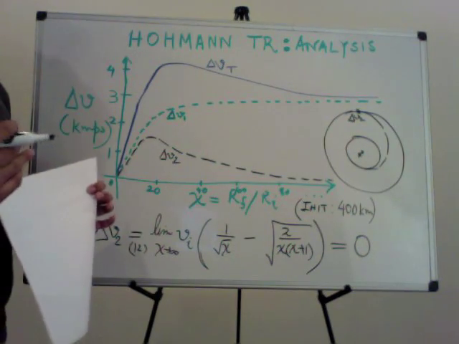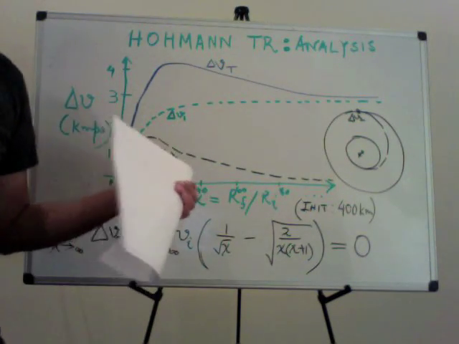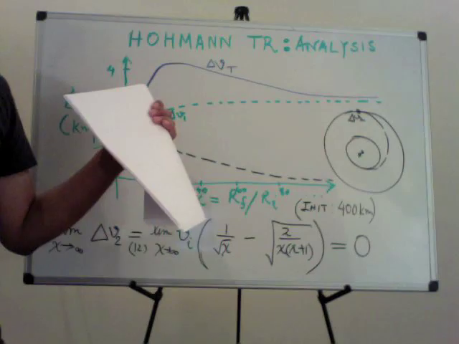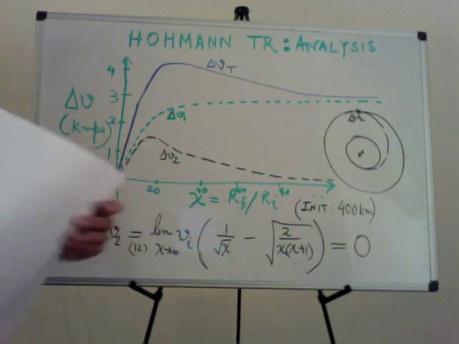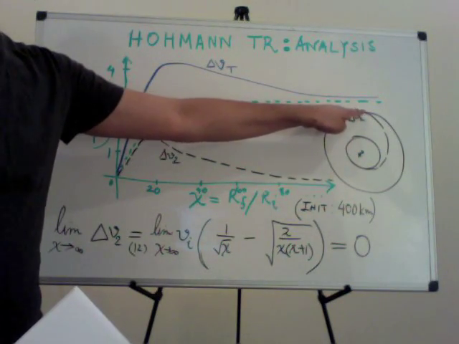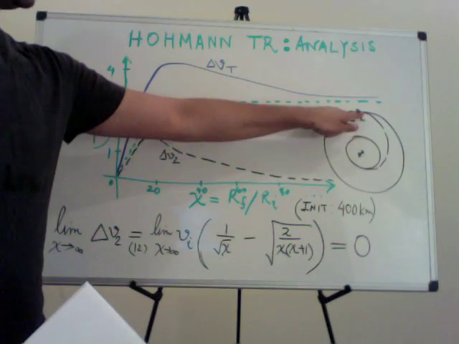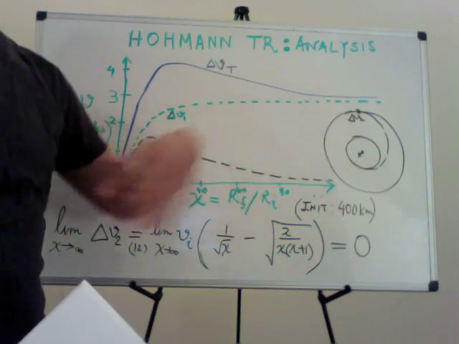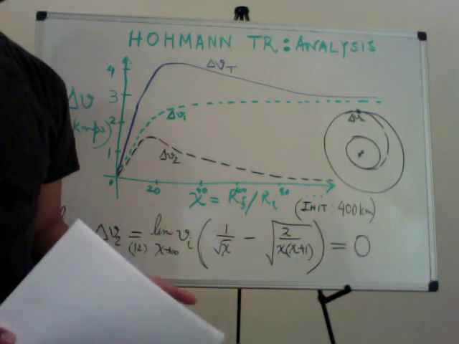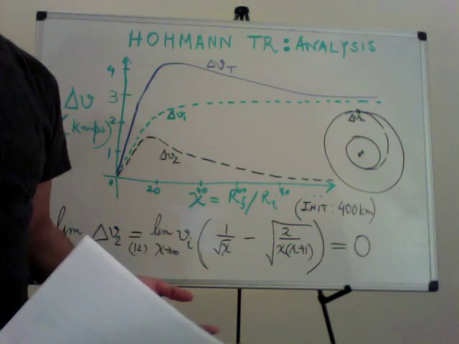So infinity in the denominator means that the speed on that, it's almost a fictitious orbit at infinity, is 0, which means that there is absolutely no difference in the speed of the spacecraft on the transfer ellipse parabola and the final orbit. Therefore, the delta V, which is the difference between the speeds on those two orbits, is also 0, right? So it is kind of a limiting case of the Hohmann transfer.